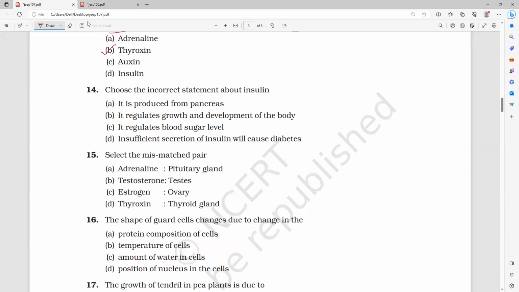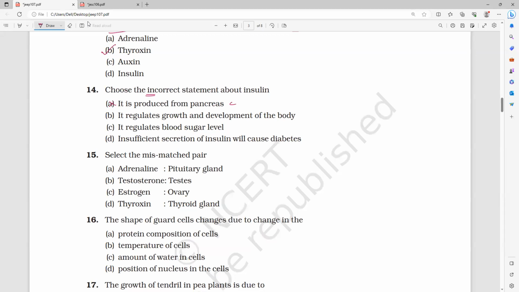Choose the incorrect statement about insulin. Make it fast, all of you. Option B, it is produced from the pancreas. Is it right or wrong? Correct. They're asking for the incorrect one, so we'll leave it.